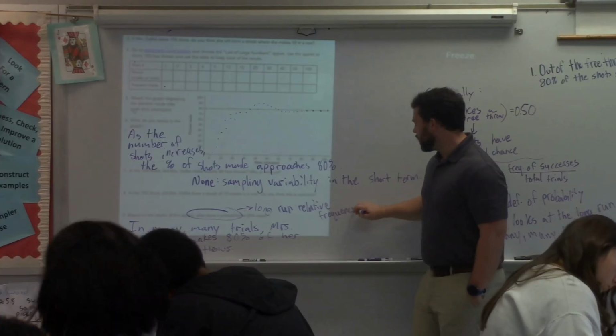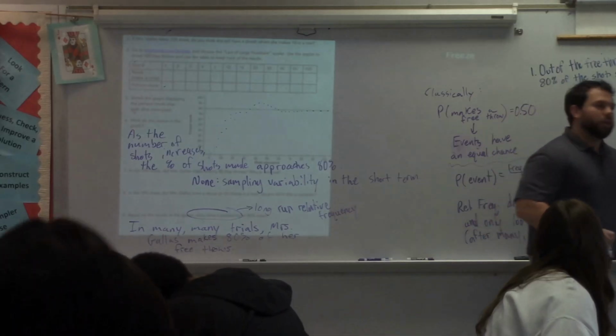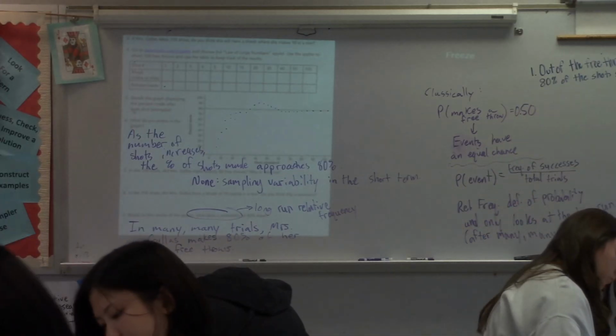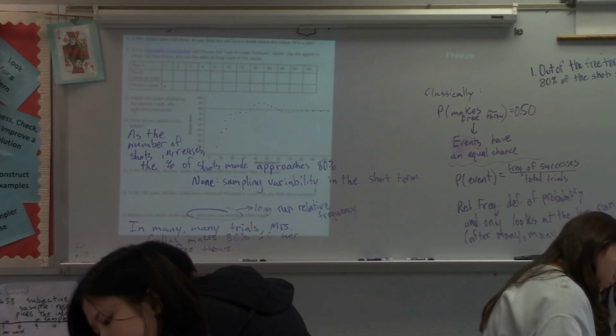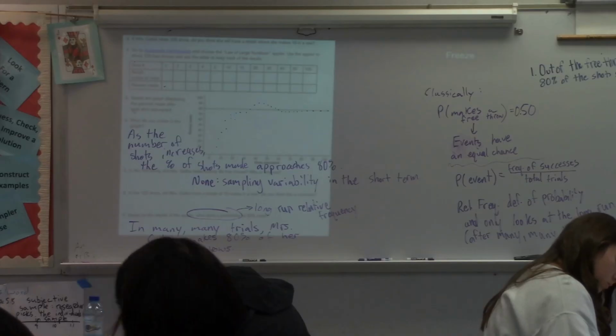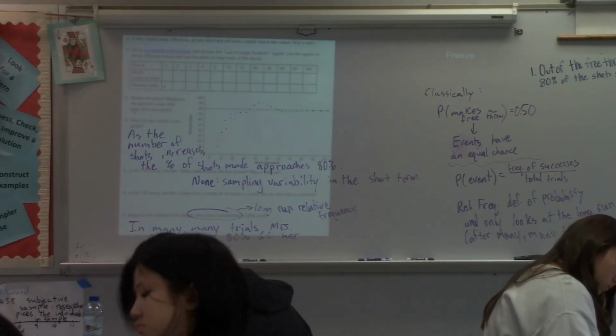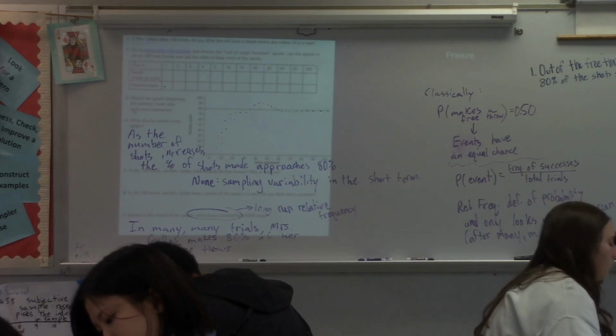So please understand, especially in statistics, we don't use a classical definition of probability because a long run relative frequency will approach that classical definition if you do many, many trials.